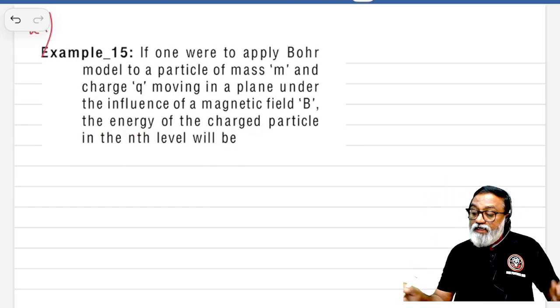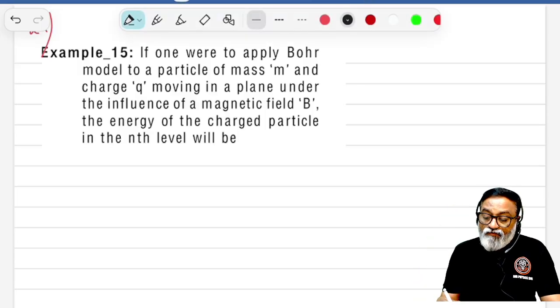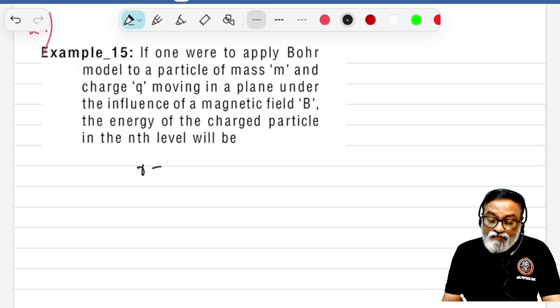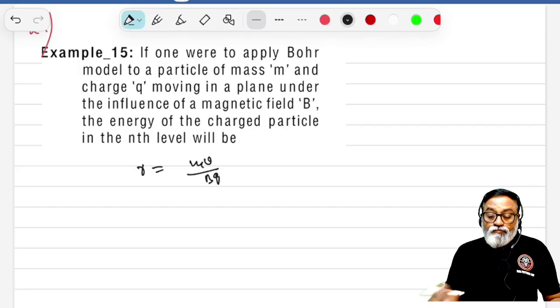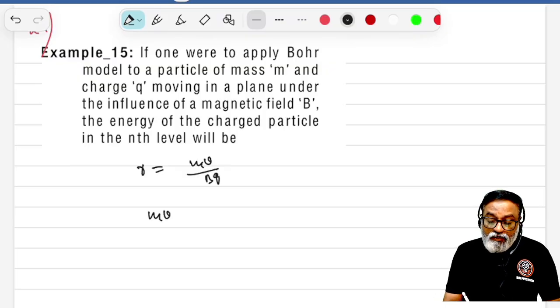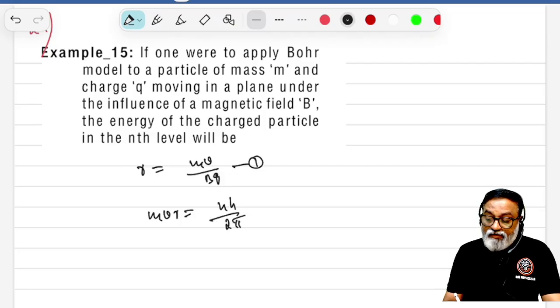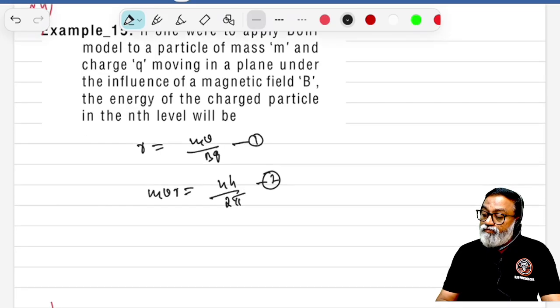In a uniform magnetic field, radius r is equal to mv by Bq. When Bohr's model is applied, angular momentum mvr is equal to nh by 2 pi. This is equation number 1. That is equation number 2.